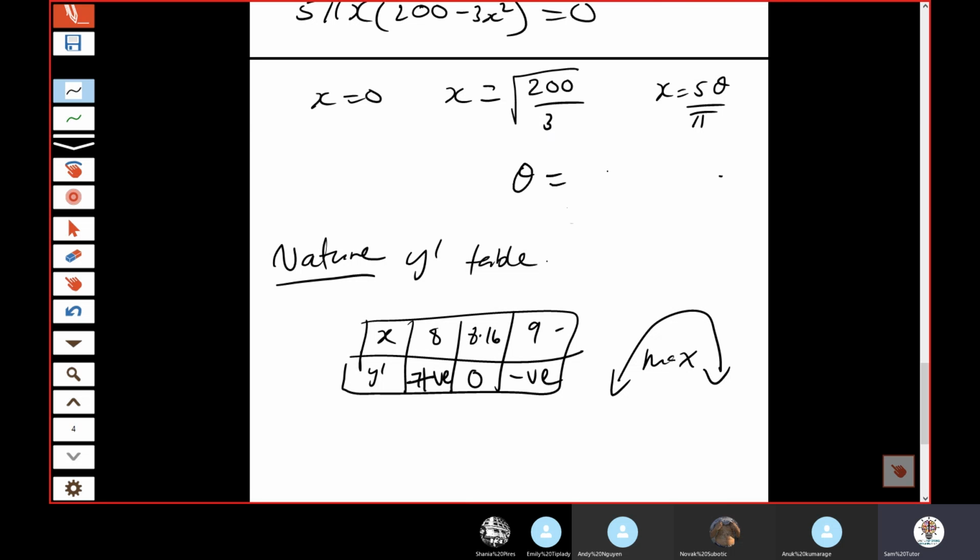So your theta would be what we had written before: pi root 200 on 3 all over 5. That is the theta. I went and tried to find the theta of this, the volume of this theta, which doesn't work out like that. It's meant to find where the volume in terms of x occurs.